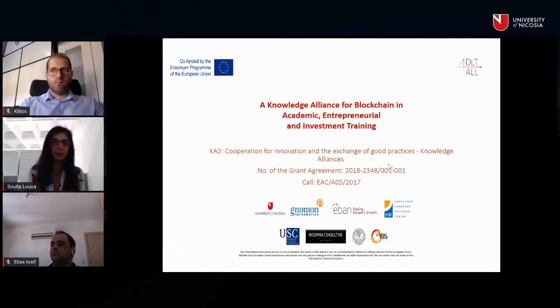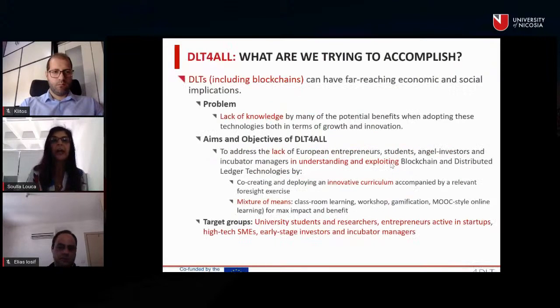In DLT4ALL, we are looking into implementing a solution in which we are exploring various modules. The aim is to go into the benefits of blockchain technologies when we adopt them, in terms of both growth and innovation.